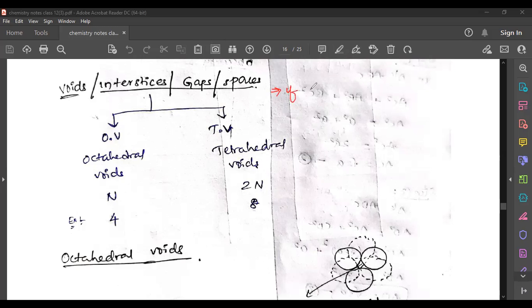So if tetrahedral voids are covering, what is the type of arrangement? If the tetrahedral voids are covering in the given solids, then what is the name of the type of arrangement of the sphere? And what is the pattern?